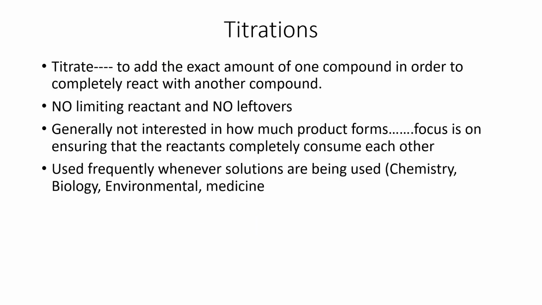We do kind of have a new problem type in dealing with the solution stoichiometry, and that's from titrations. First, we want to talk about what does it mean to perform a titrate, or to titrate something, or to say something was titrated. When we say we're titrating something, what that really means is we're adding the exact amount of one compound in order to completely react with another compound.